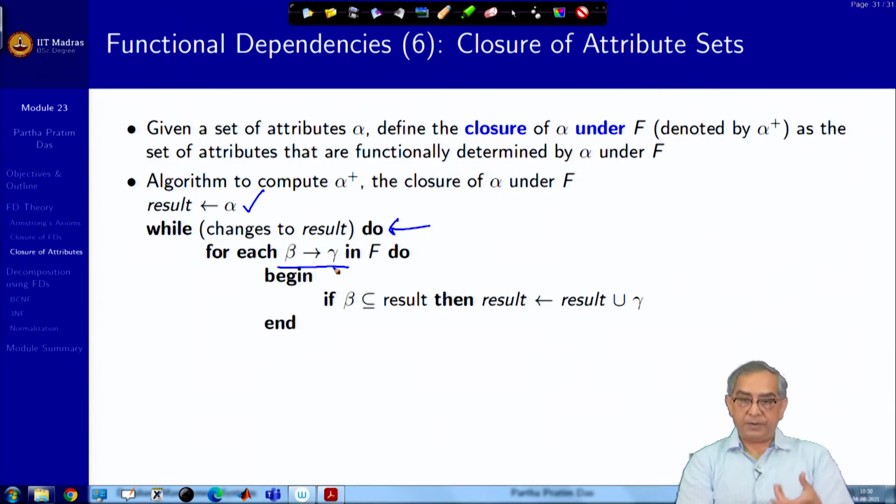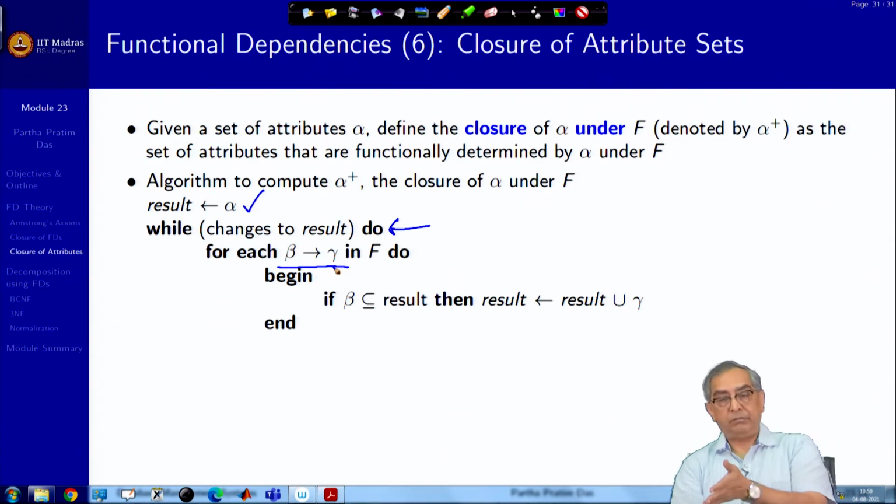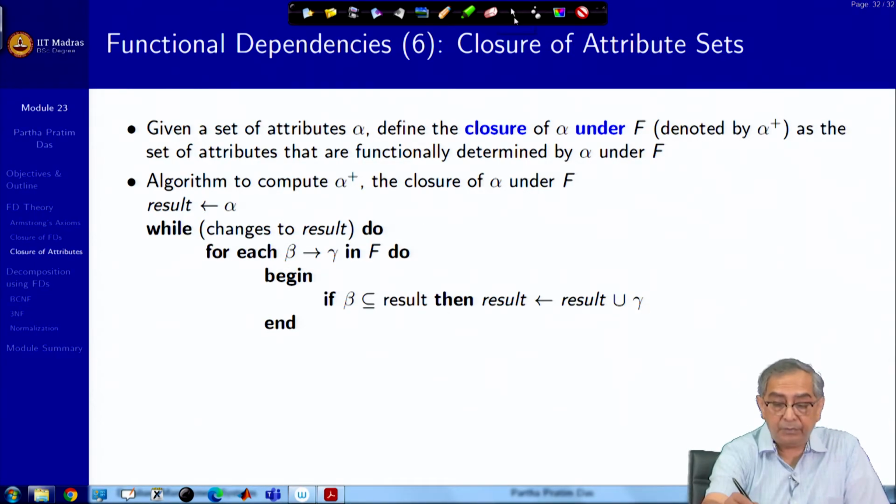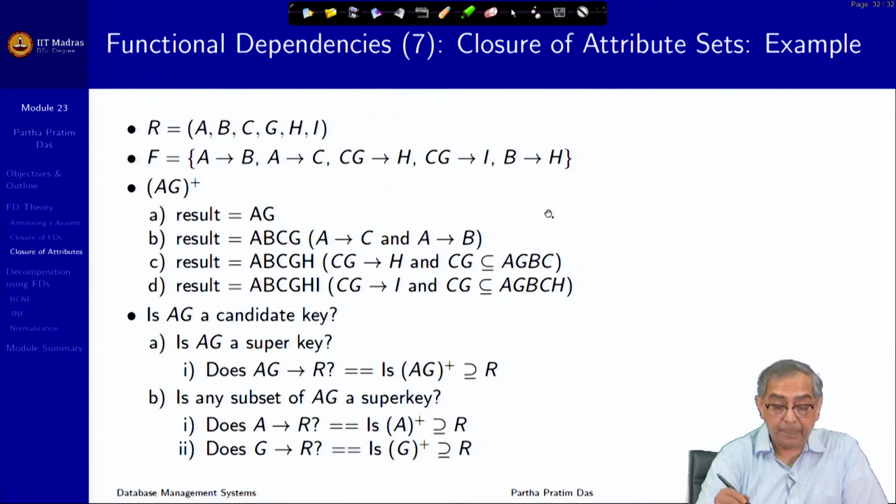So, if beta is a subset of that, then alpha determines beta, and beta determines gamma. So, by transitivity alpha will determine gamma. So, you include gamma in the result and keep on doing till no changes happen. Very straightforward algorithm, but very useful algorithm.